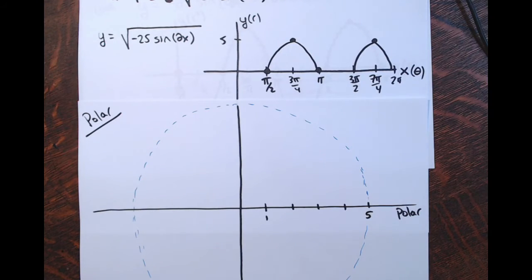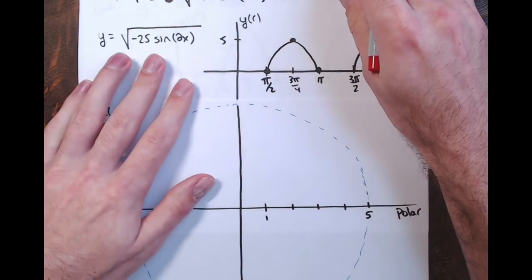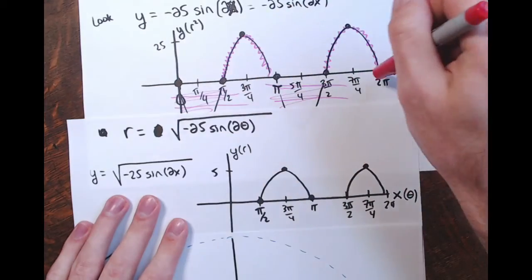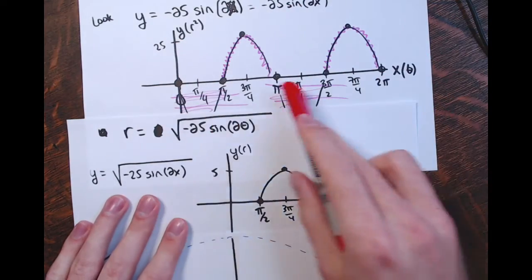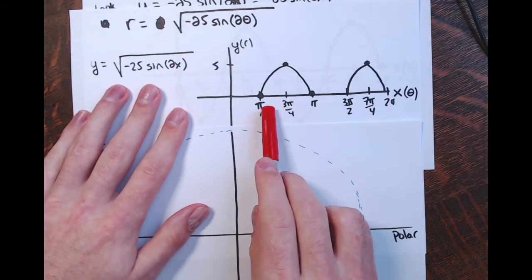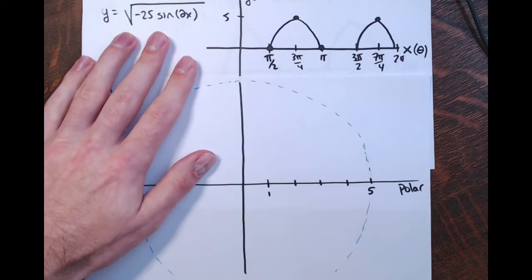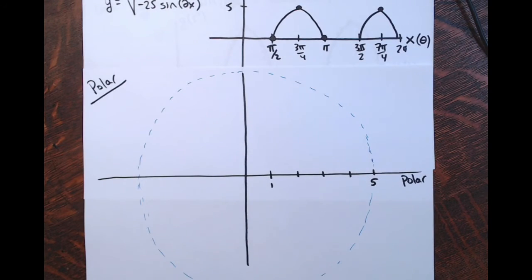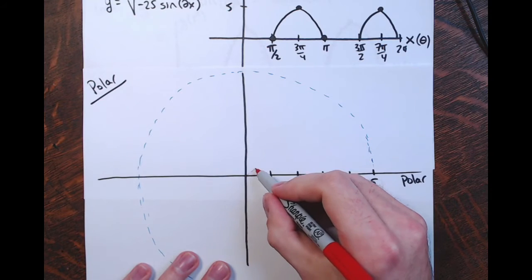Then another thing I'm going to put up is all these special angles that came up on my original graph. I'm going to cut the quadrants every pi over 4, because all these notches are every pi over 4 apart. So I'm going to draw some lines to represent the angles every pi over 4.